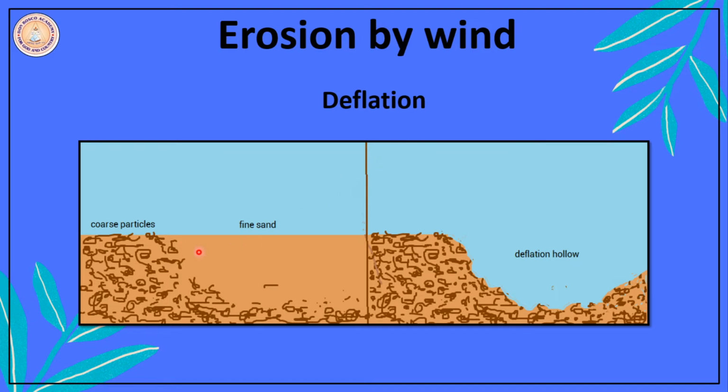It is the process of removing, lifting, and blowing away of the fine loose particles or rock debris from the surface by winds, especially in arid or semi-arid areas. You can see over here, these are the fine sand which have been removed by the work of wind, and a hollow-like structure has been made, which is known as deflation hollow.